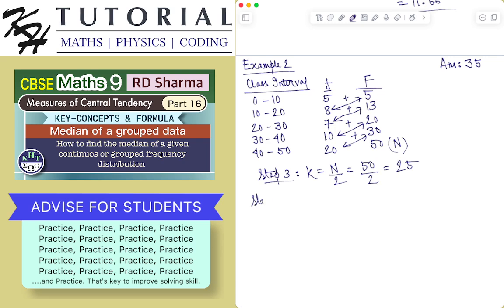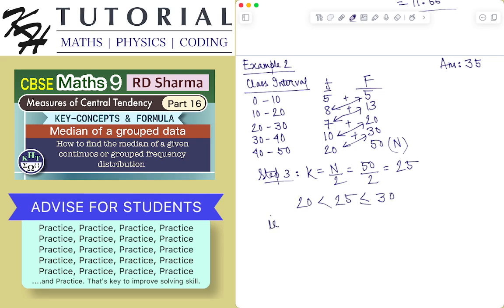Now in step 4, K is 25. Now we have to find the median class. How do we find the median class? We have to locate the two consecutive rows from the capital F column so that the value of K lies between them. The value of K is 25, so we clearly see that 25 lies between 20 and 30.